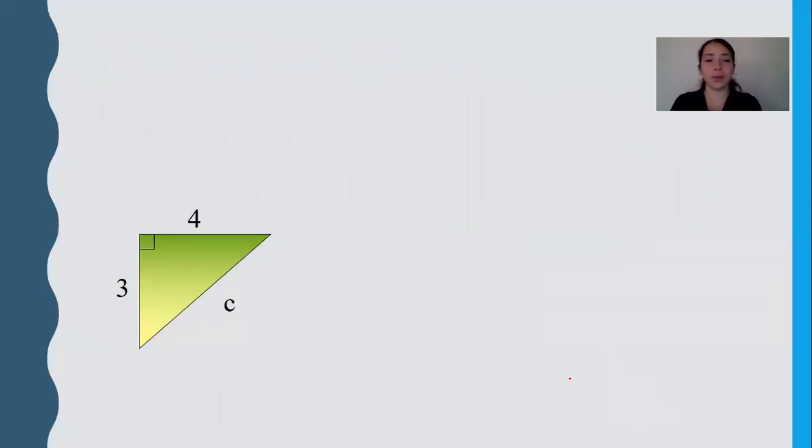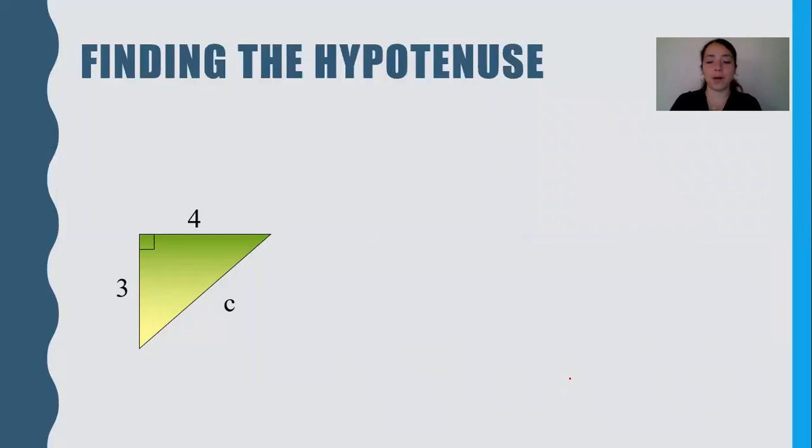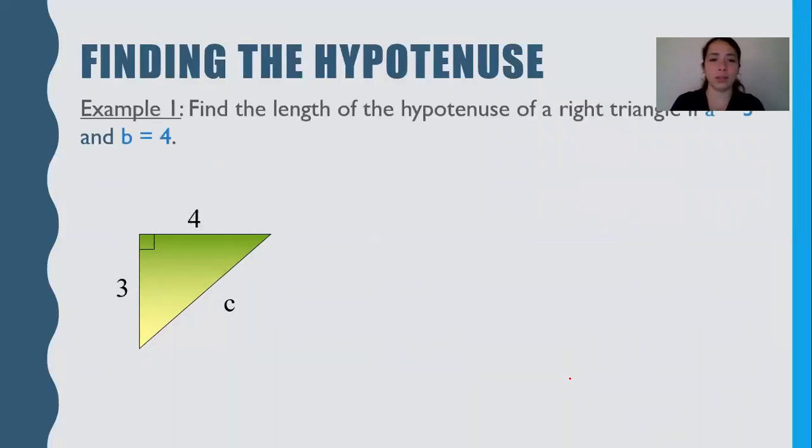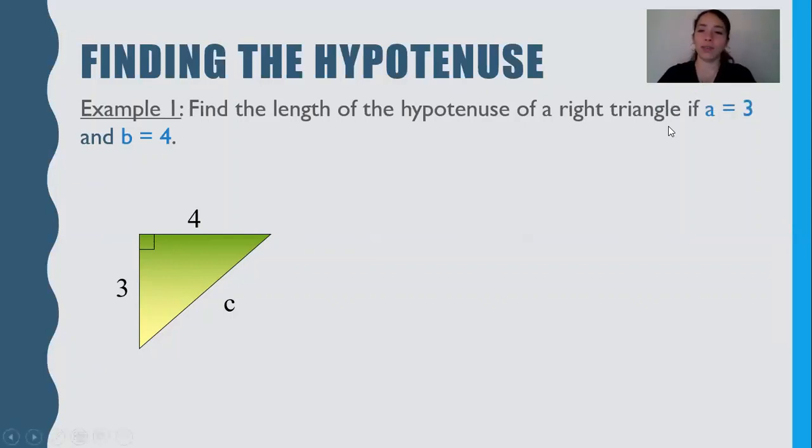Looking at this problem, we're going to find the hypotenuse. So, example 1: find the length of the hypotenuse of a right triangle if A is equal to 3 and B is equal to 4. As a reminder, the formula, the Pythagorean theorem, is A squared plus B squared is equal to C squared.